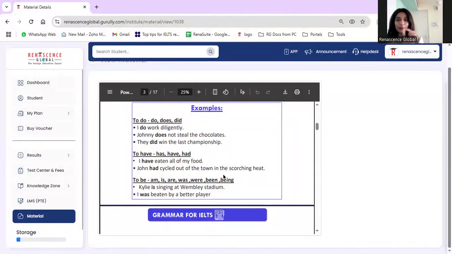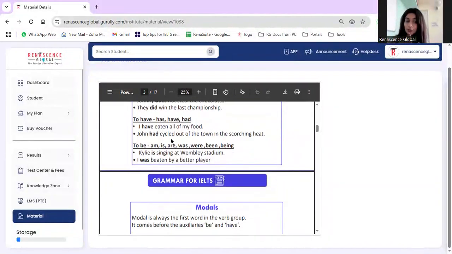So eaten would be the verb over here, and have describes the tense, like when this kind of task has been performed. John had cycled out, it means John did something, right? John has already done that task. So we are talking about the past over here.